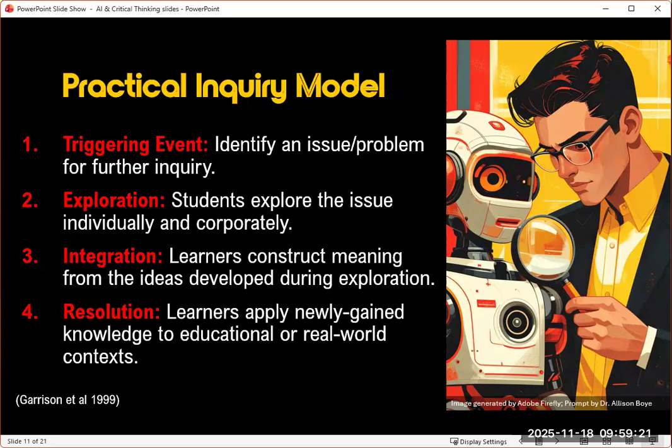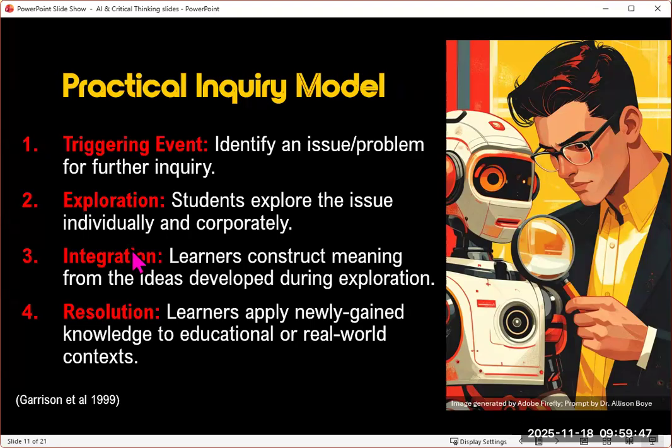So the PI model breaks down the critical inquiry process into these 4 phases, right? So we have a triggering event, so identifying an issue, a problem, a task, something for further inquiry. Then we have exploration, where students explore the issue individually and or corporately, right? So together in groups.